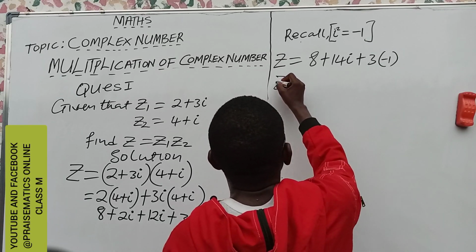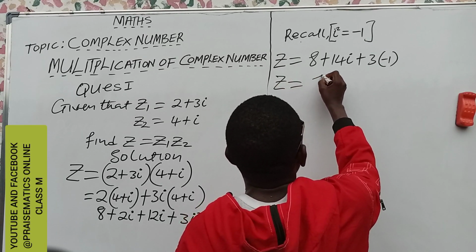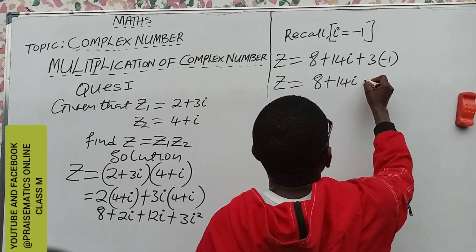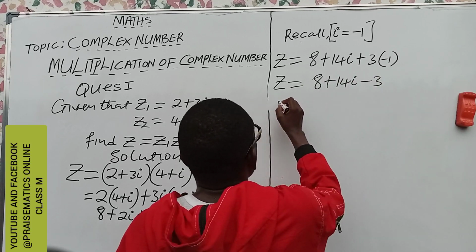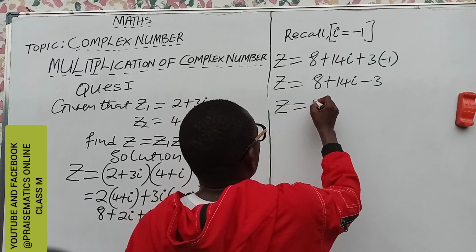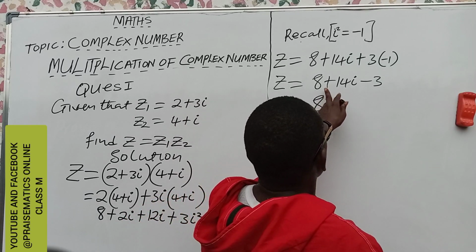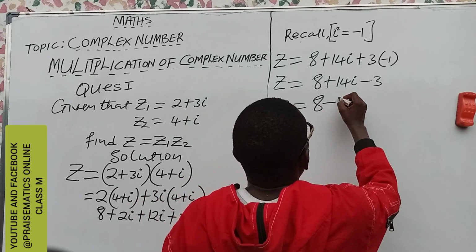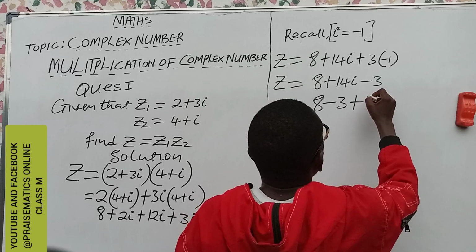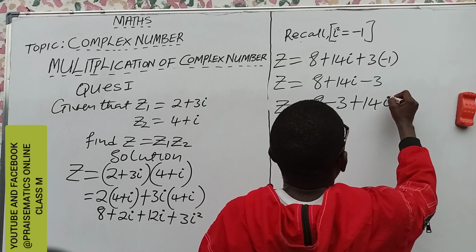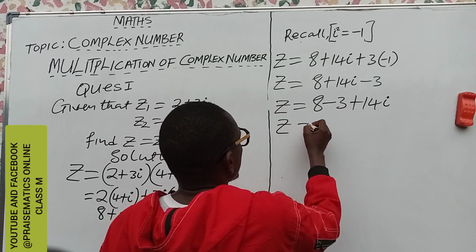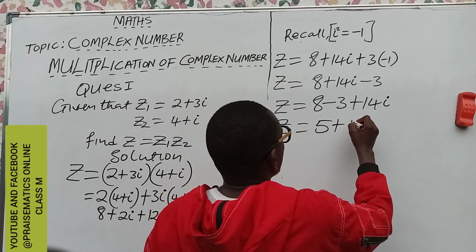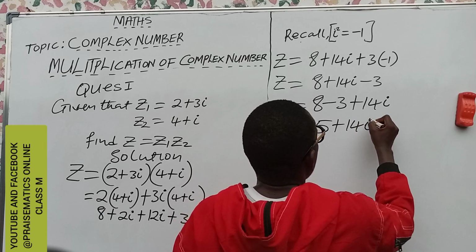Finally, z is equal to 8 plus 14i minus 3. Now collect the like terms: the numbers without i together, which is 8 minus 3, plus 14i. So that z is equal to 8 minus 3, which will give us 5, plus 14i.